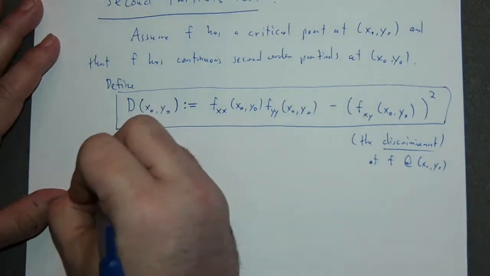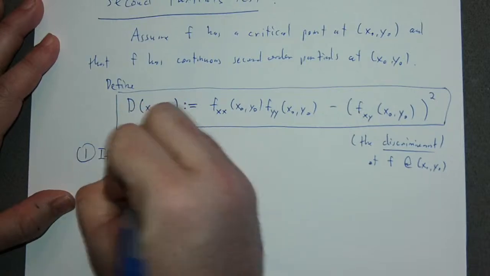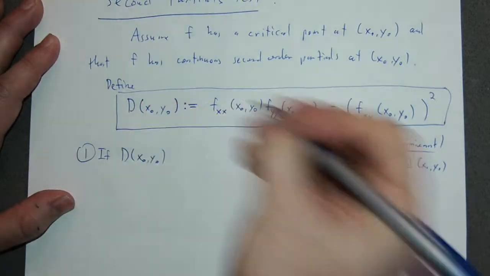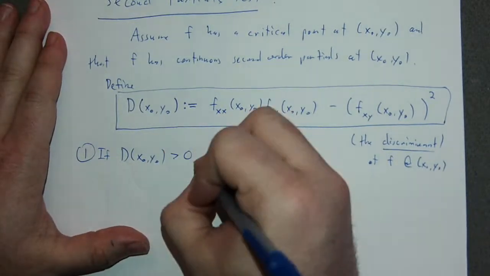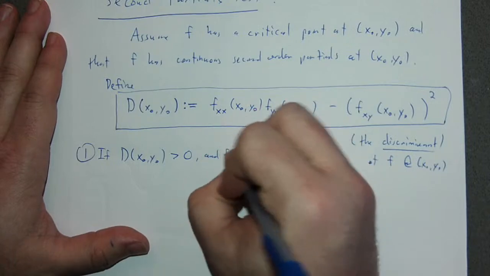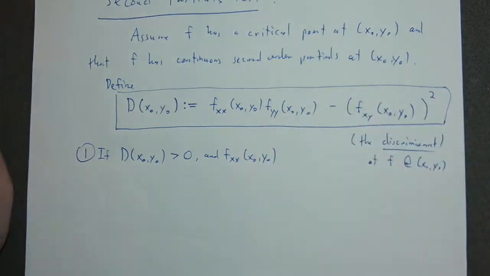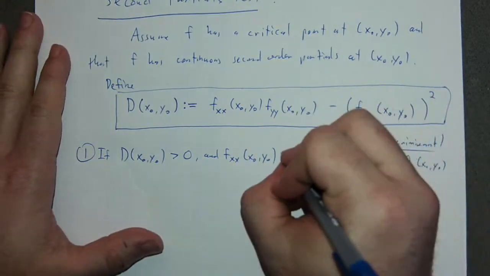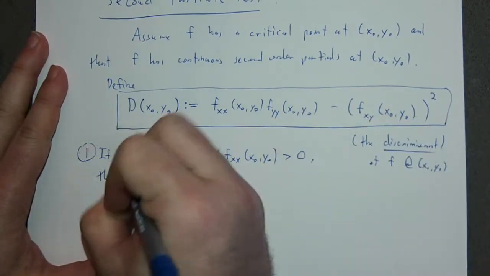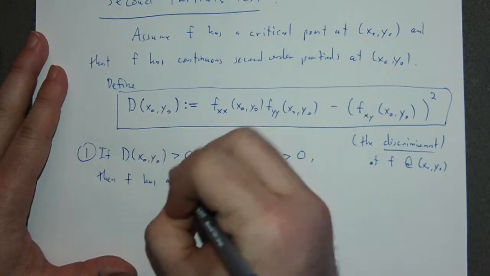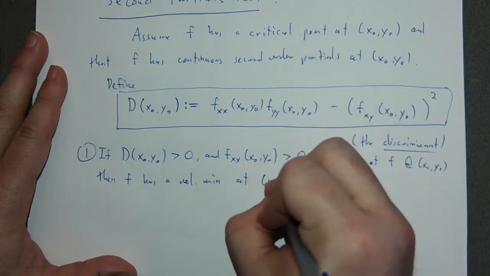Okay. So, first case. If d of x naught, y naught is positive and f sub xx at x naught, y naught is also positive, then f has a relative min at x naught, y naught.